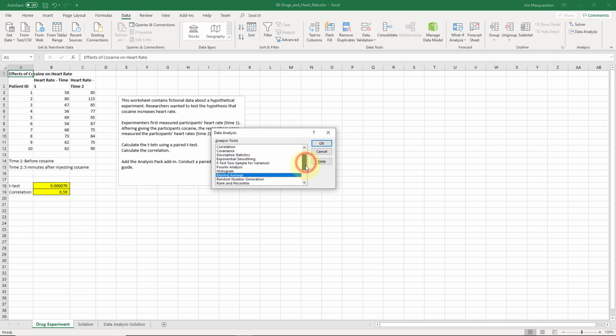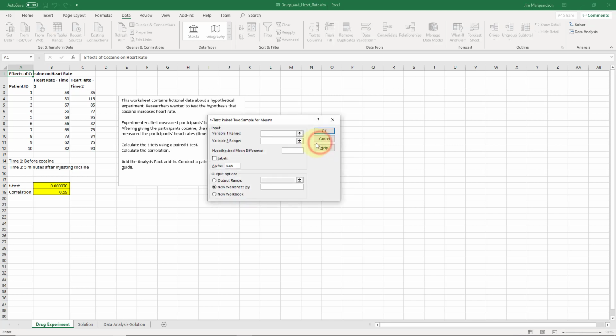And there's a lot of analysis that you can do, tons of statistics you can do in Excel. And we're going to do the t-test paired two sample for means. So the means is basically the average. We're going to pair the average across groups. It's paired because each person is measured twice, so I'm comparing these people against themselves.